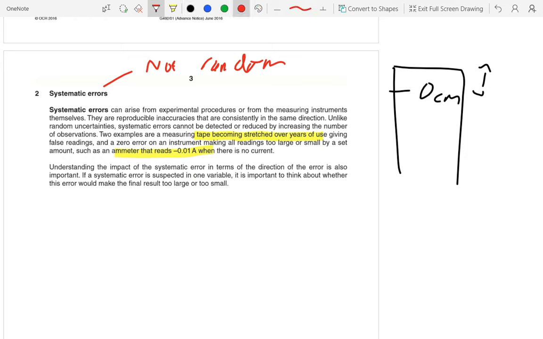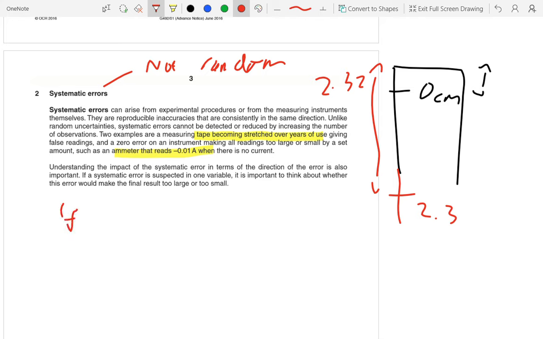So you'll be, say, measuring 2.3 on the ruler here, but the actual value is 2.32 or something like that.